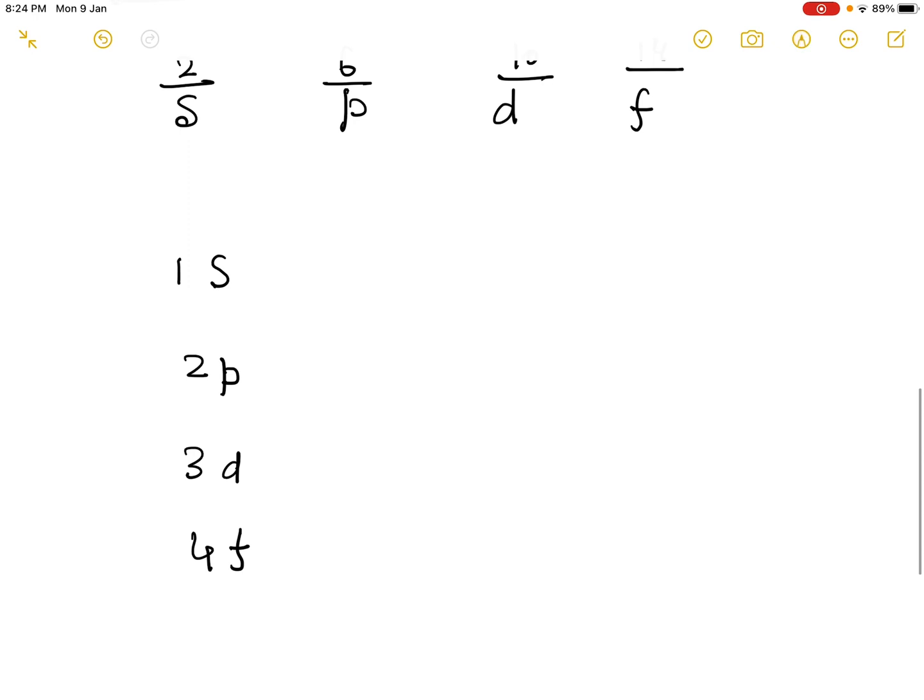Now here, see, we write the name of the subshells in reverse order. First S, then P, S in reverse order, P, S and then again P, S.